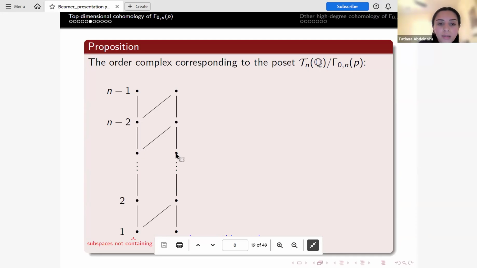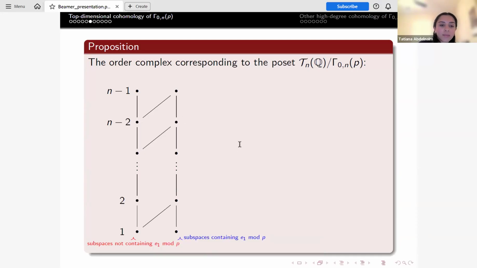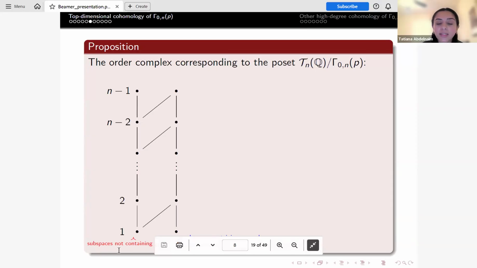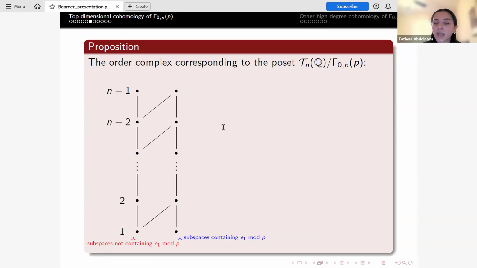So now I have 2 bullets in each dimension. The first collection of the bullets is given by the subspaces not containing the vector e1 mod p, and then the second collection corresponds to the subspaces containing the vector e1 mod p. And this all goes back to how gamma is defined.